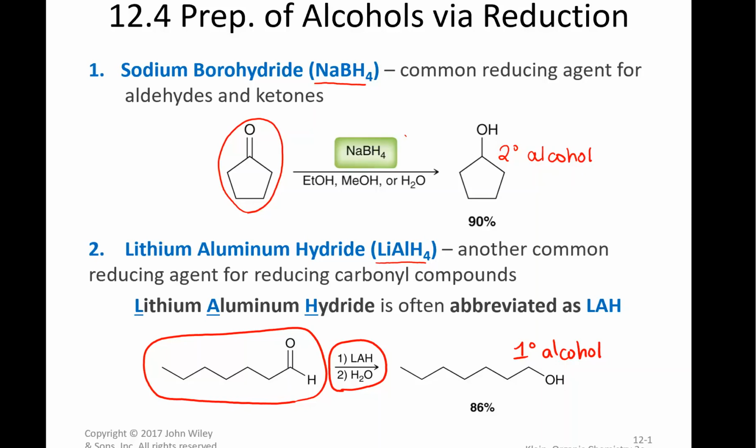Notice the solvents, the way it's written over the arrow for sodium borohydride. This is typically done in a polar protic solvent, such as water, methanol, or ethanol. But in the case of lithium aluminum hydride, you notice there are steps 1 and 2.